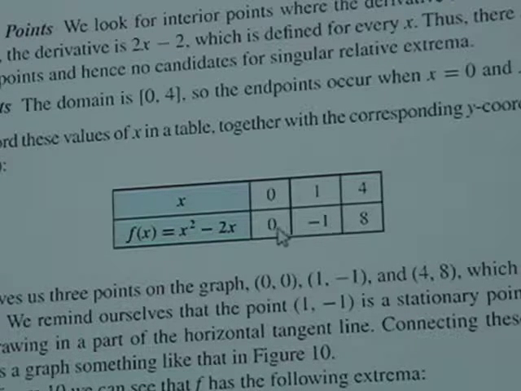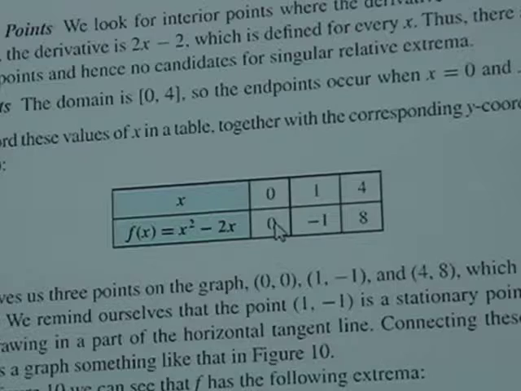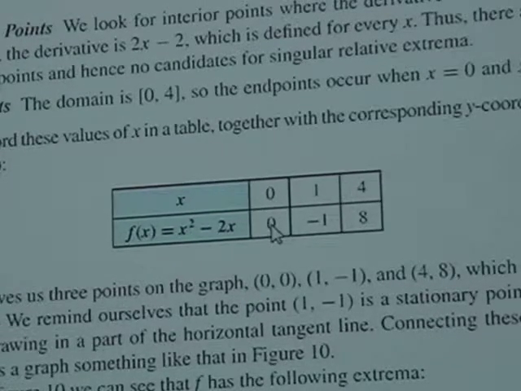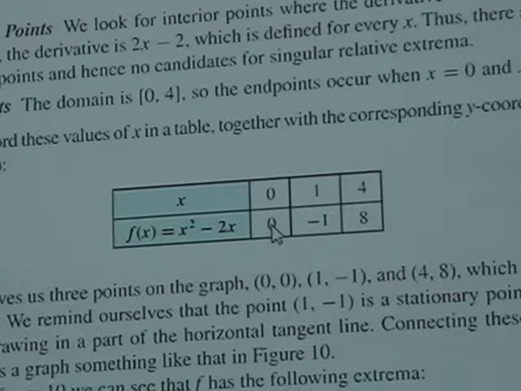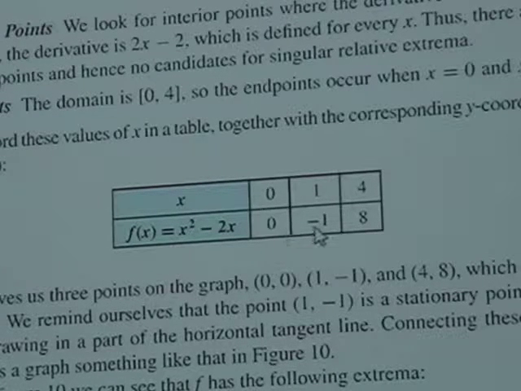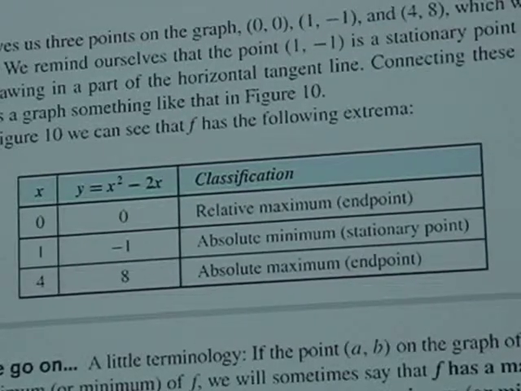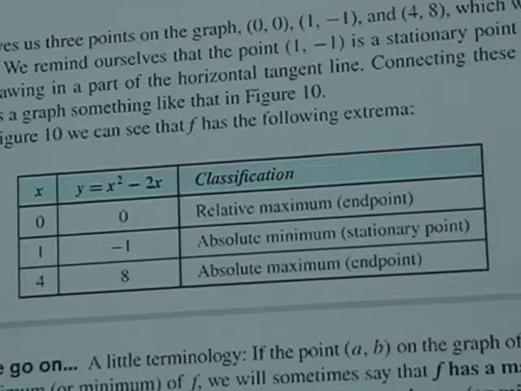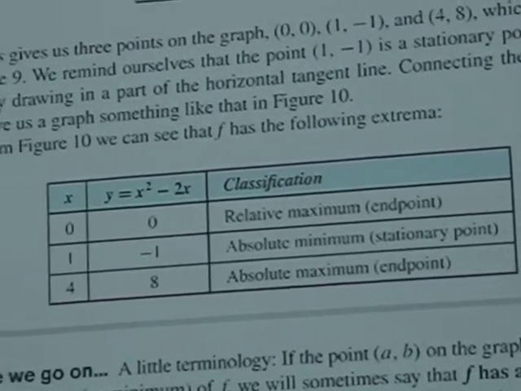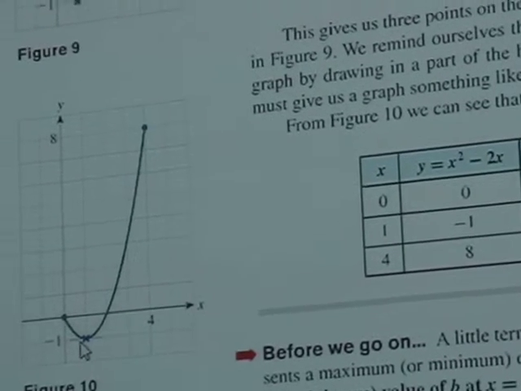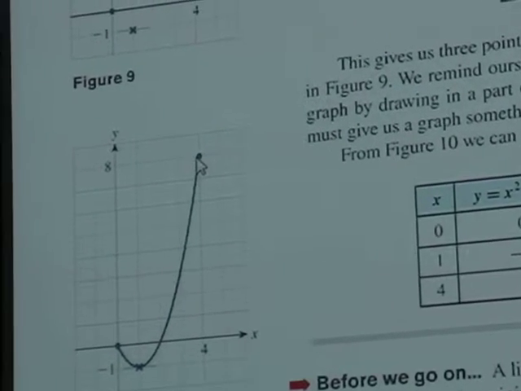So now we know the heights at all our candidate points: 0, -1, and 8. Now we can use that to make a sketch.